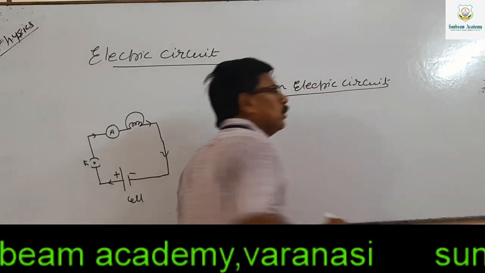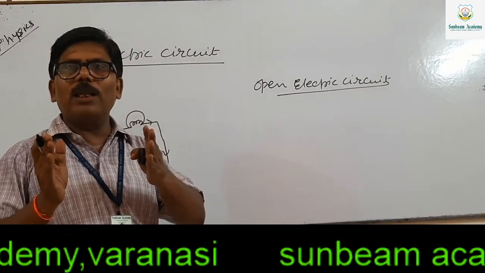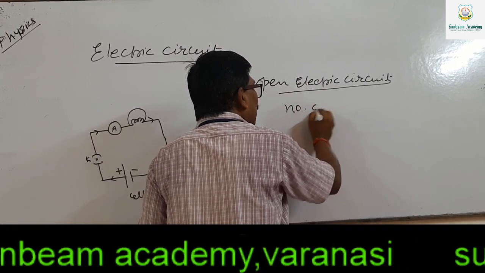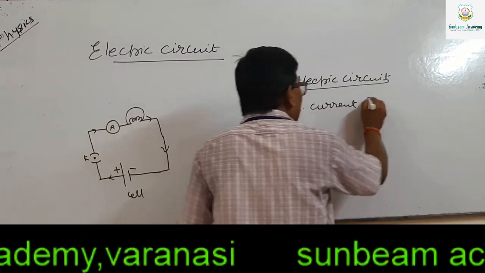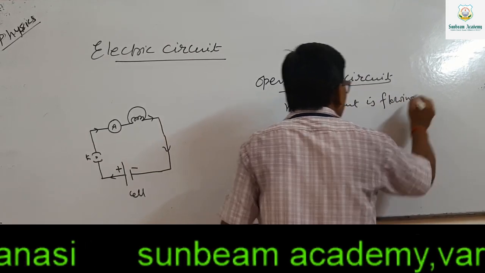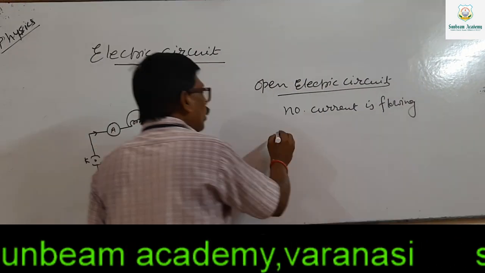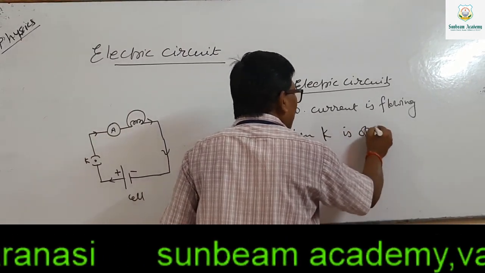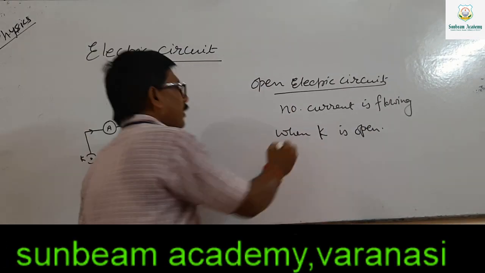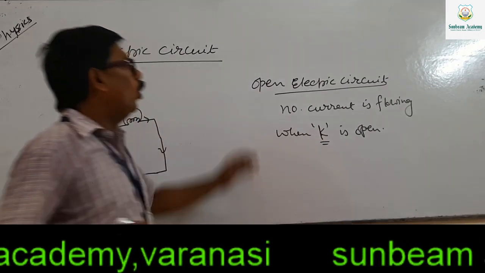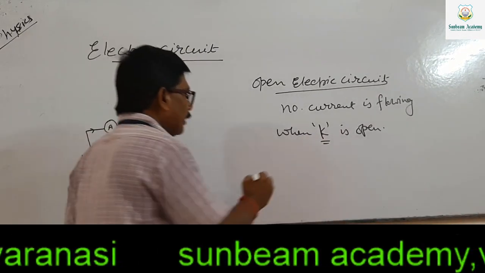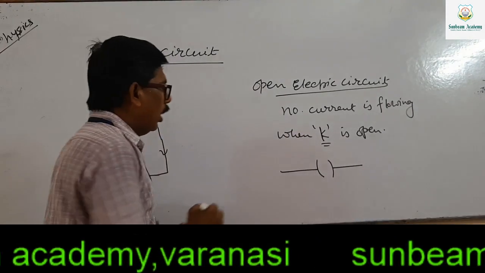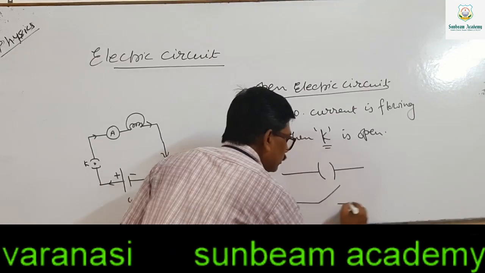open electric circuit means, open means खुला हुआ, means no current is flowing through it. No current is flowing means when key K is open, then no current is flowing through the circuit, and the symbol for an open circuit is in this way or in this way.